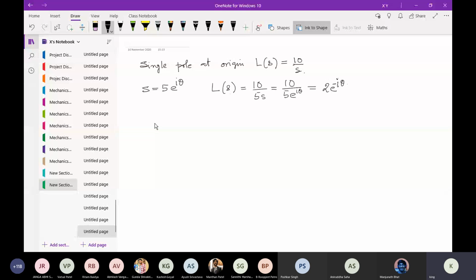So when we plot this, what are we going to see now? We are going to have our circle as before. This is my input.